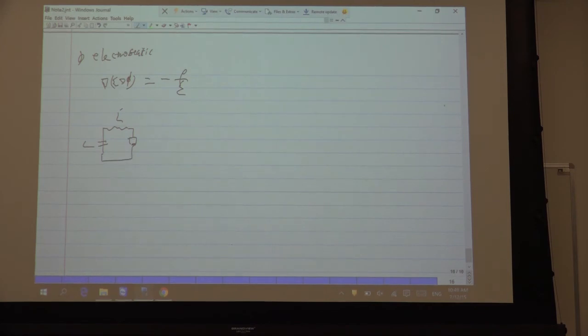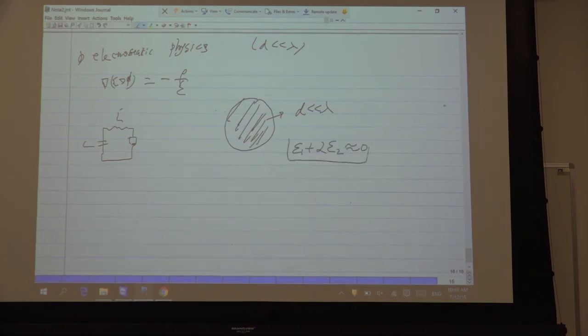This is called electrostatic physics. When the optical size d is much smaller than the wavelength, we use electrostatic physics. A very successful example is the plasmonic sphere. With the Laplace equation, we know the resonance condition is something like this.